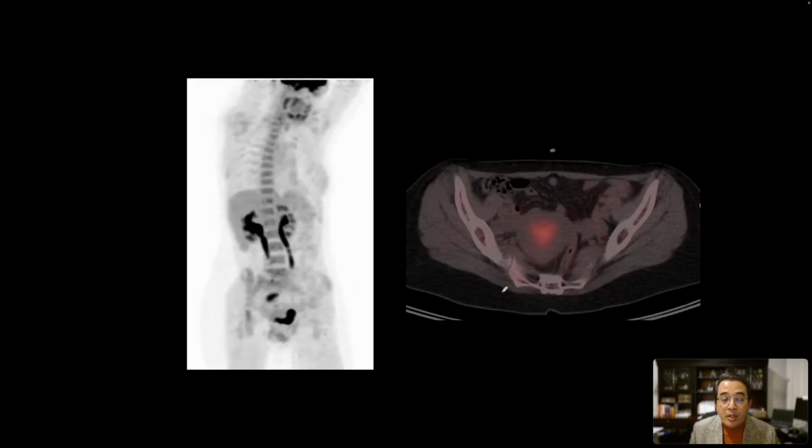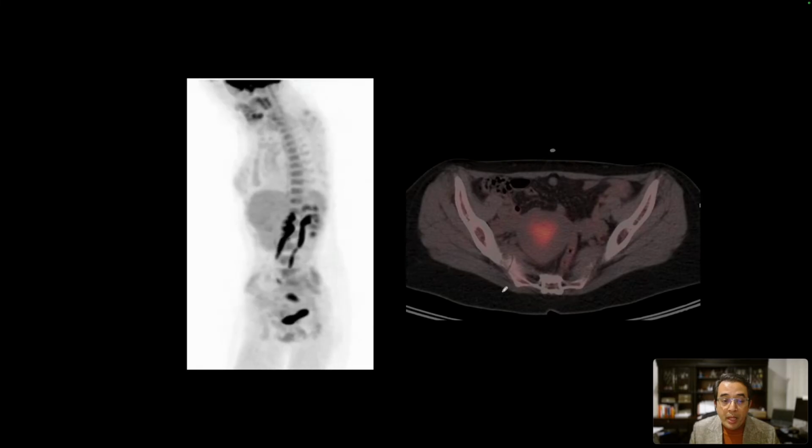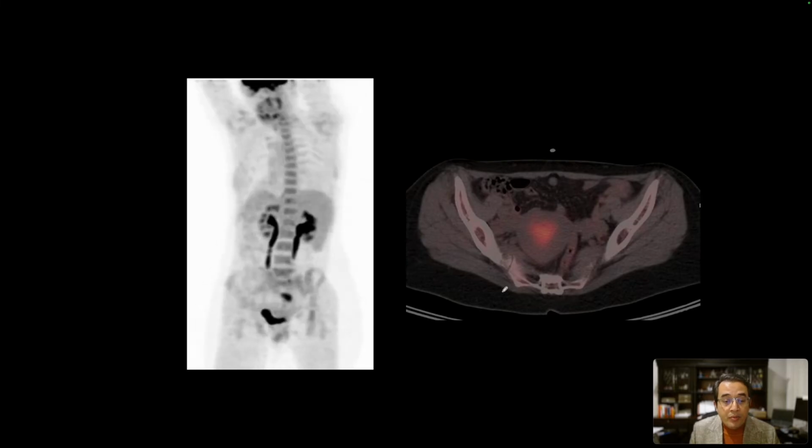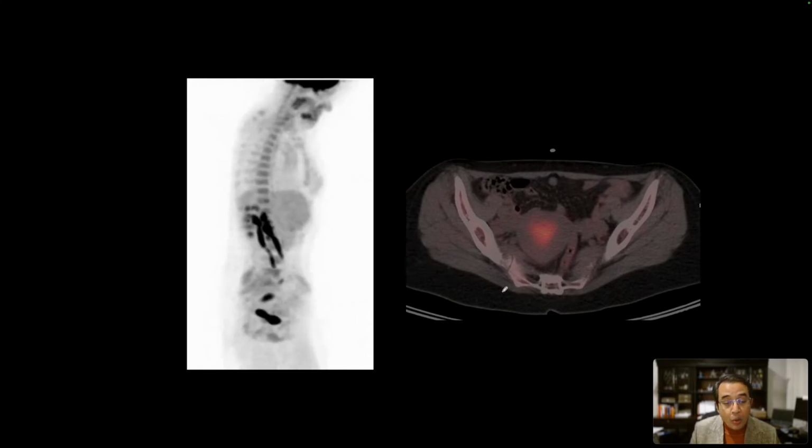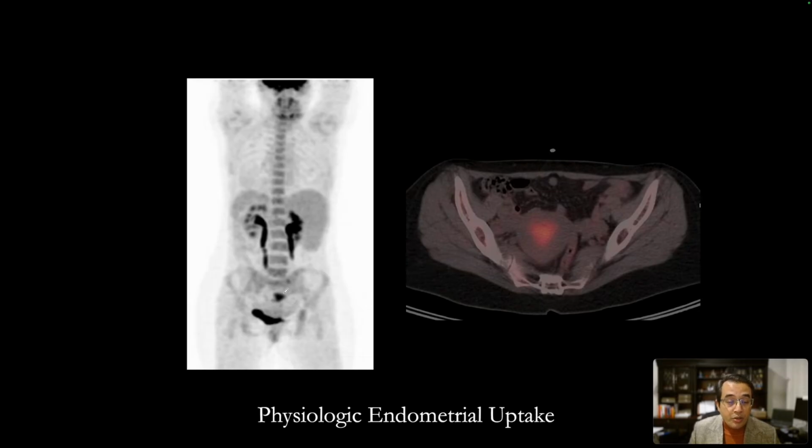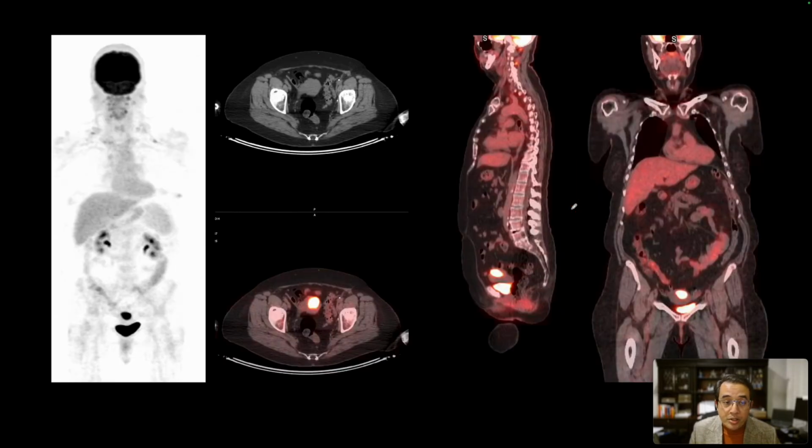Here's our next patient, a young woman being evaluated for cancer, and we found that in the pelvis there is a focus of increased uptake. This focus, seen right here, corresponds to the endometrium in the uterus, and this is in a young patient, physiologic. In an older patient, which we see right here, this patient was being evaluated for cancer.